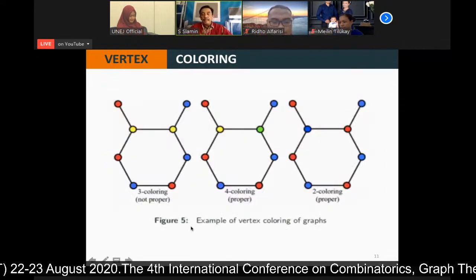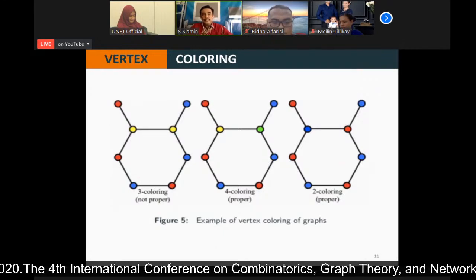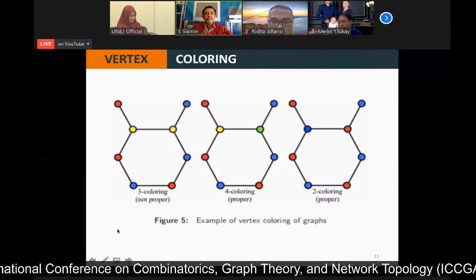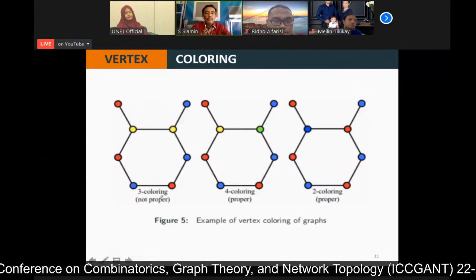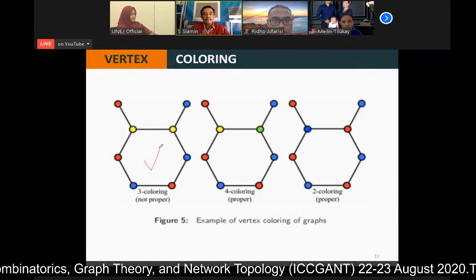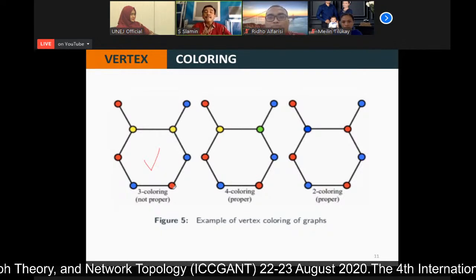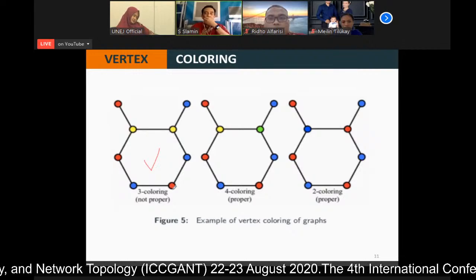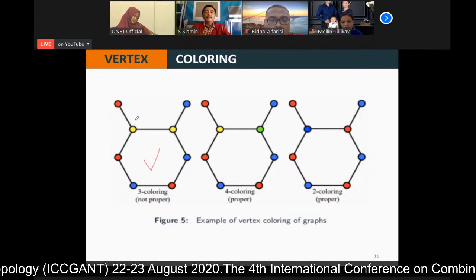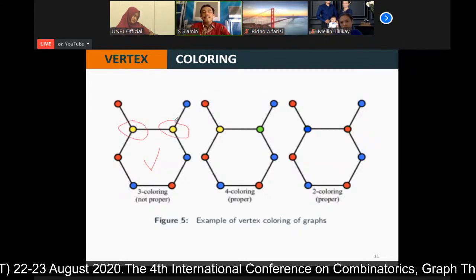This is an example. We can use the previous slide because it's easier to understand. In the first graph, we can color any vertices of the graph by any color. We don't care anything about adjacent vertices. We call it k-coloring. But by definition, this coloring is not proper. Why? Because two adjacent vertices have the same color.